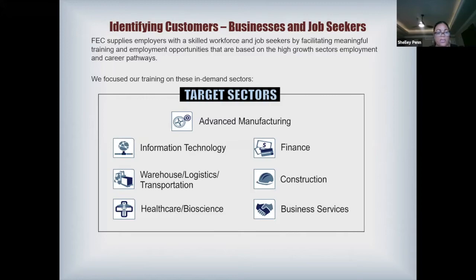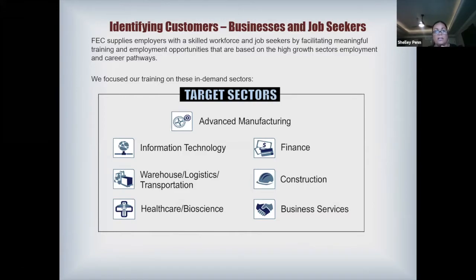Our ultimate objective is to create what we call a single first source agreement. And what that is, is where employers will agree to work with our business services team for any future or current workforce needs that they have. And that's our ultimate goal, to establish that agreement.